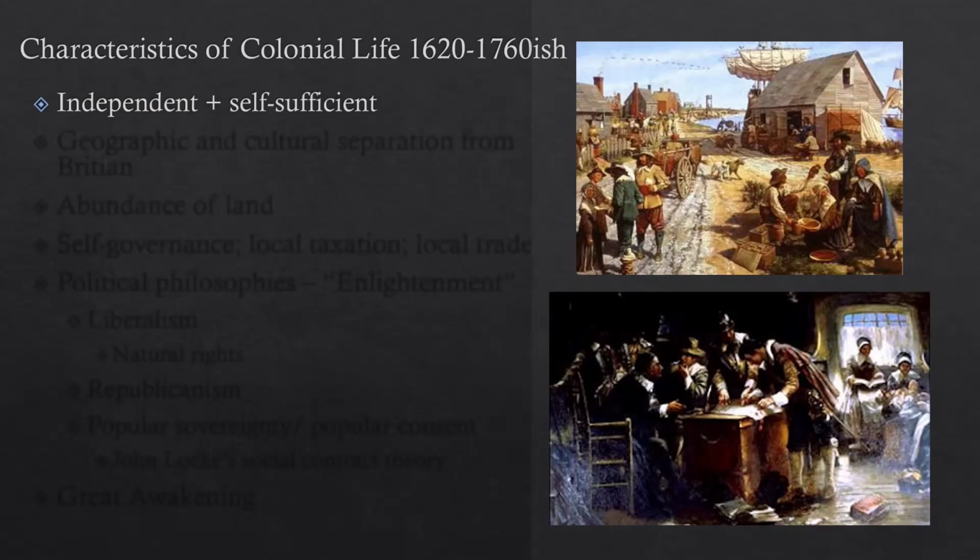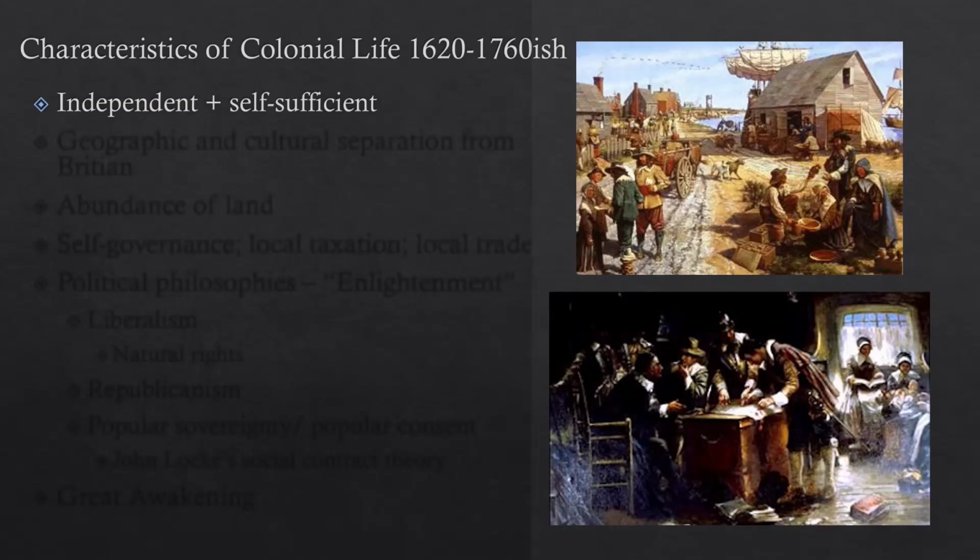And so that means they would share an independent spirit and value self-sufficiency. Many of the settlers were not very wealthy people. They were marginalized peoples. So at an individual level, there are a variety of reasons why people were coming to North America, to the colonies.